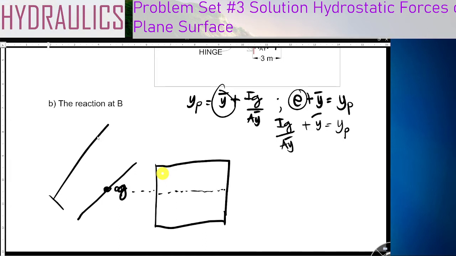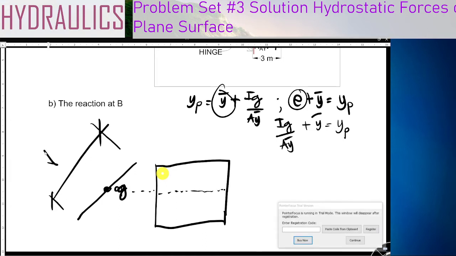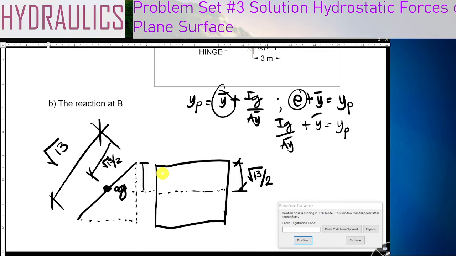So what I got earlier was square root of 13, therefore the location of the centroid to this part is half. So square root of 13 over 2, projected here. In side view, the vertical is 2 over 2, so 1 meter.